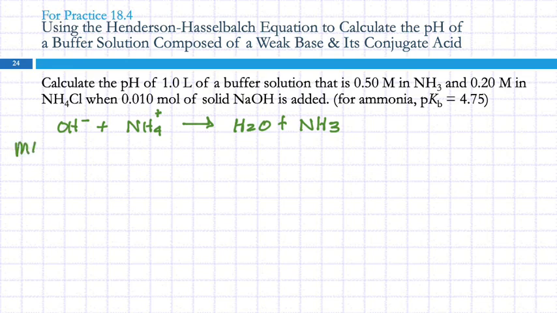Moles initial, change, moles after. So we're adding 0.010 moles of OH. How many moles of NH4+ do we have? We have 0.20. It's 1 liter of this.